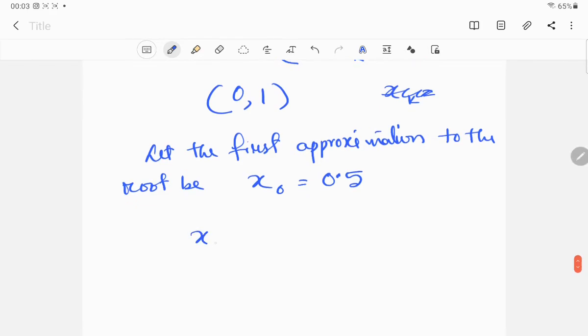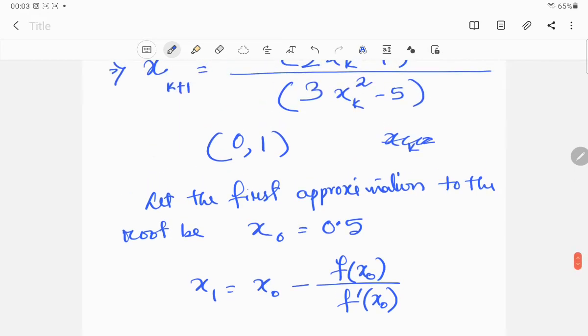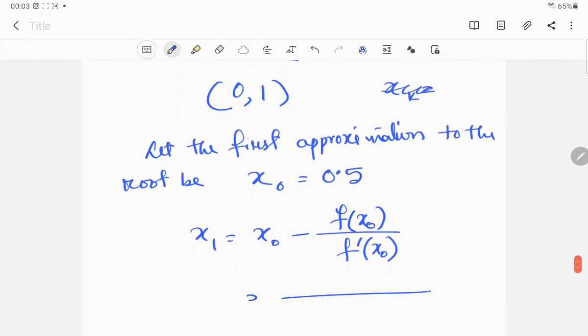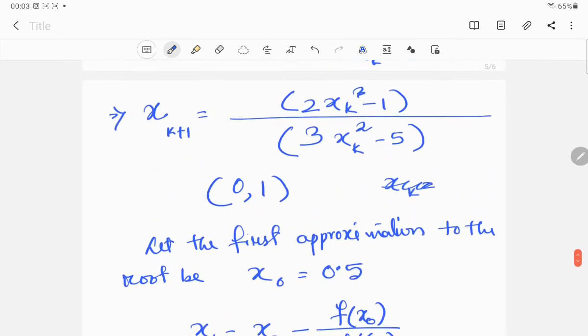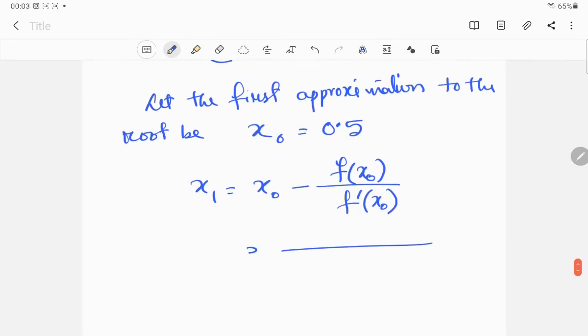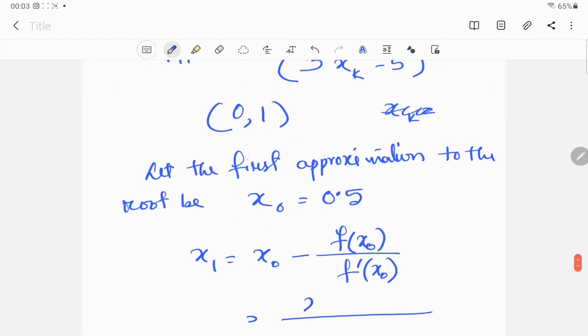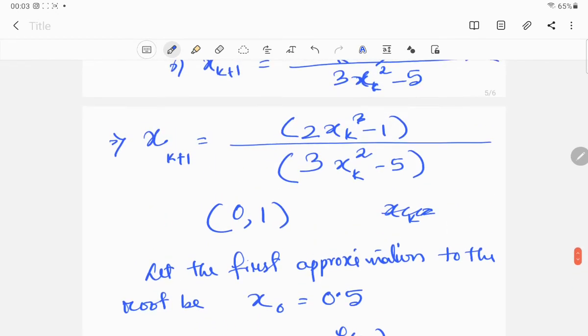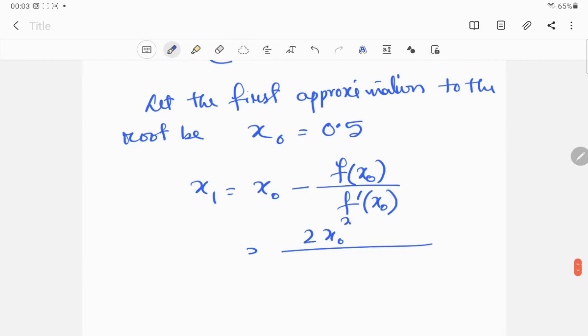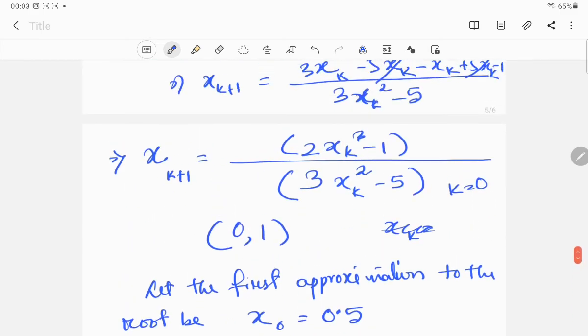So x1 will be x0 minus f(x0) by f dash x0. You have that already: 2xk cube minus 1 by 3xk square minus 5. Here for the first approximation k is definitely equal to 0.